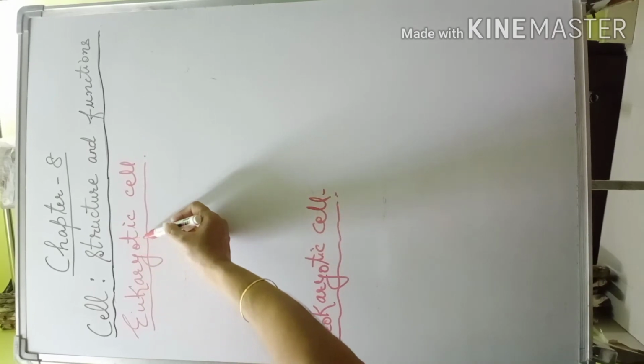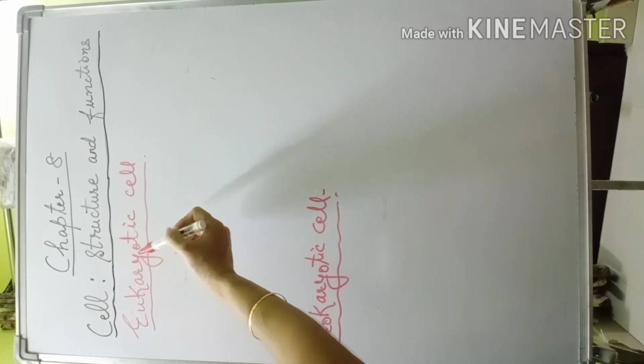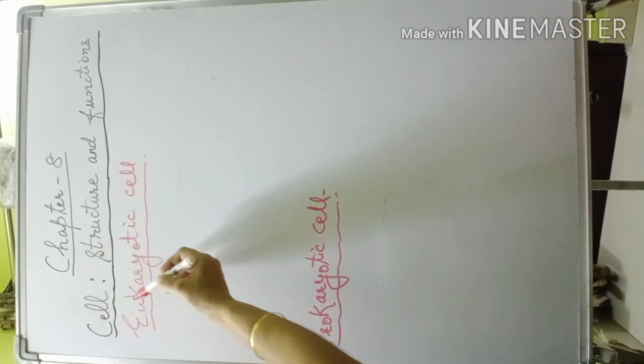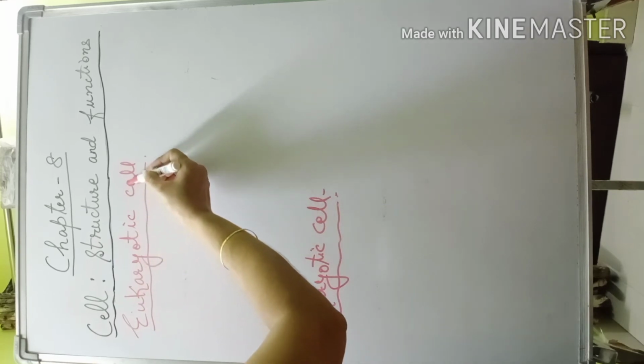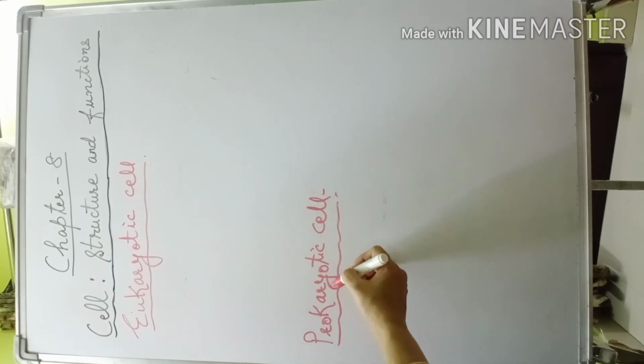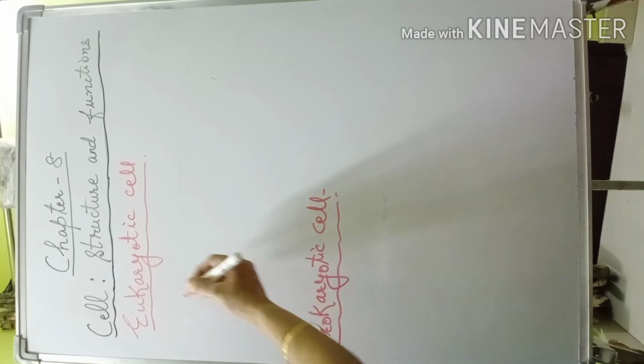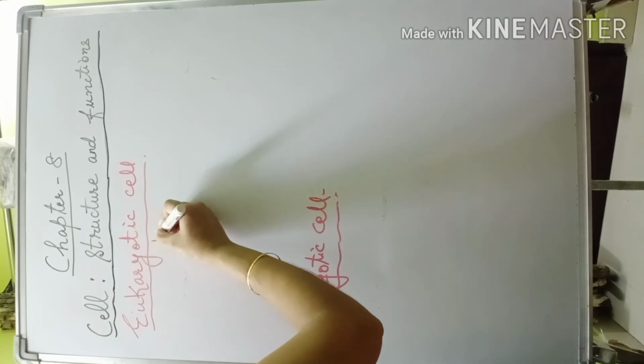Now, depending upon the type of nucleus, there are two types of cells. One is eukaryotic cell and second is prokaryotic cell. So, what is the meaning of eukaryotic cell?